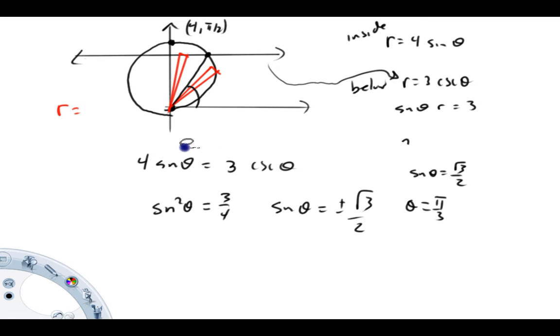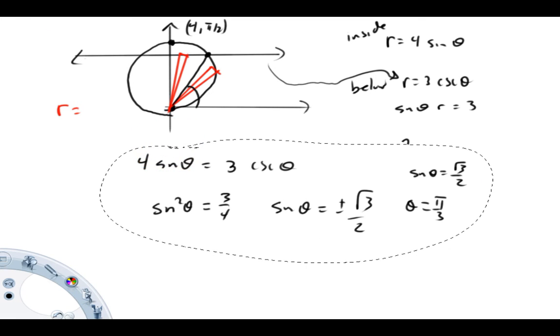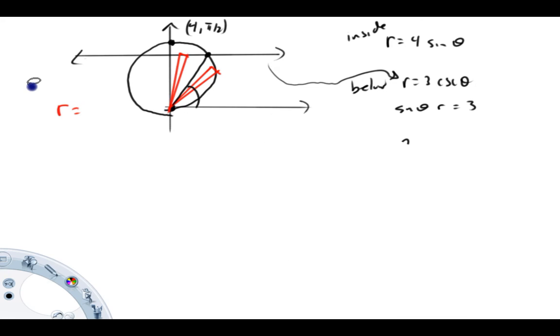Make a little room before I do that. All right, so our total area is going to equal 2 times. And again, 2 times because I'm only doing the first half of this using symmetry, and then we'll just multiply by 2 to get the second half.